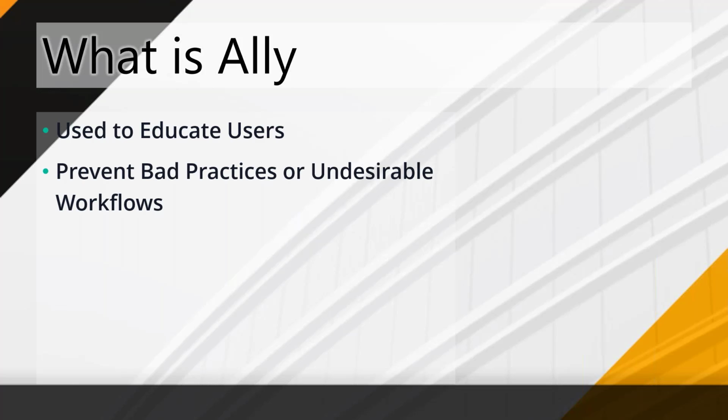We can also use it to prevent things from happening, like the exploding of AutoCAD, or the deleting of a Revit link, or the unpinning of a grid, or the unpinning of anything for that matter. There's certain things that we can pump the brakes on a little bit, so that they have to at least ask the question, hey, I need this in my project, can we do it this way?